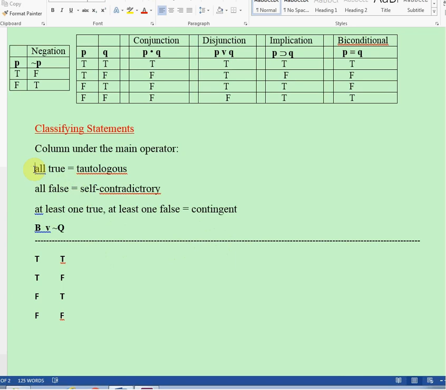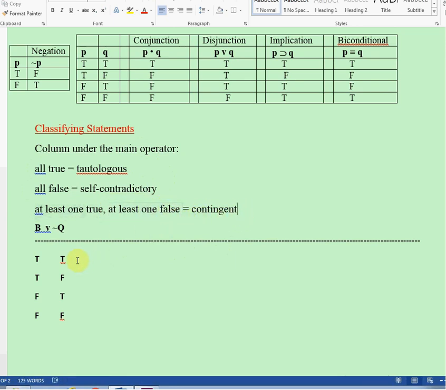If under the main operator the truth values are all true, then our answer is tautologous. If they are all false, then our answer is self-contradictory. And if there is at least one true and at least one false, then the answer is contingent.